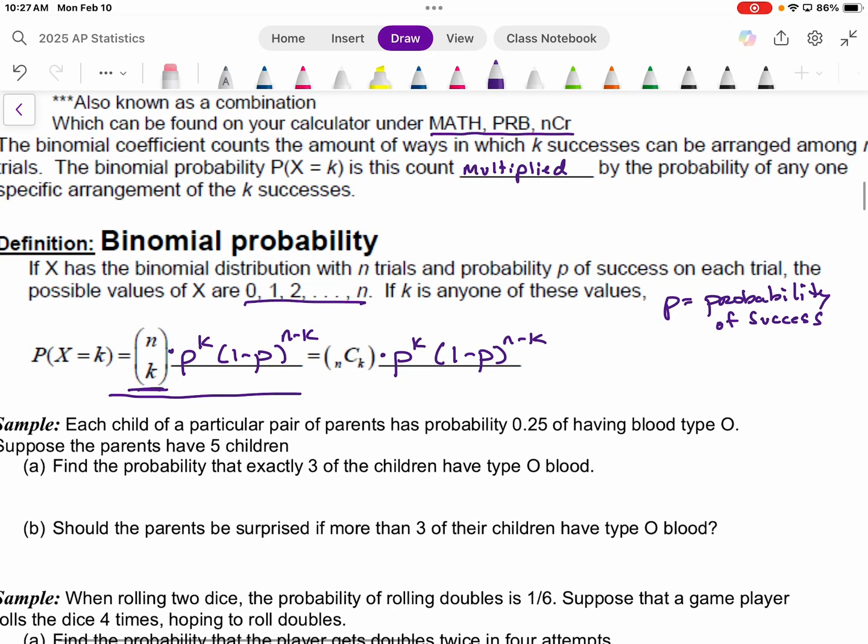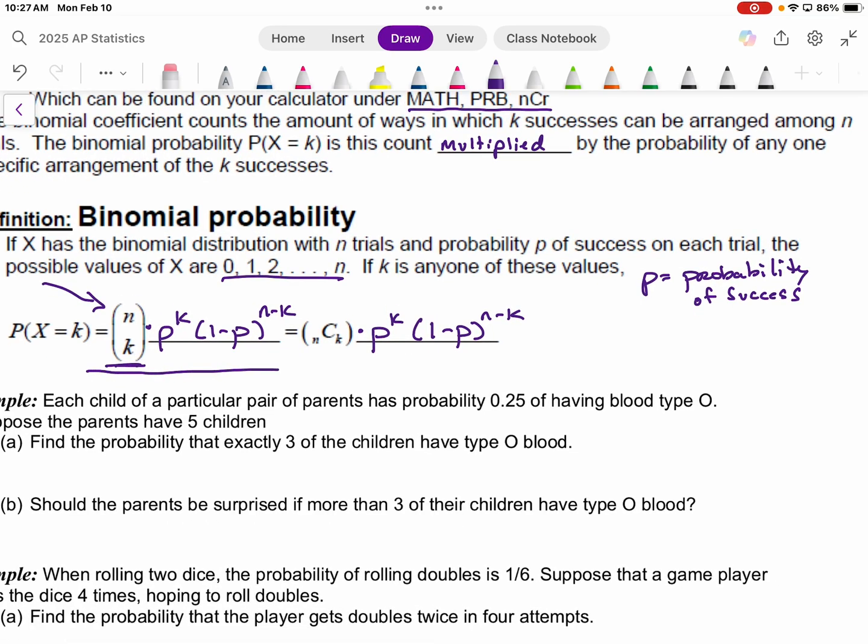The other way you can use your formula setup is the NCR, or NCK. You can have it set up like that as well, just changing the format. I know I've seen this first one on different AP practice exams. I'll see a setting that looks like this, 5 over 2, and then maybe my probability of success was 20% raised to the 2 power, and then 0.80 raised to the 3 power.